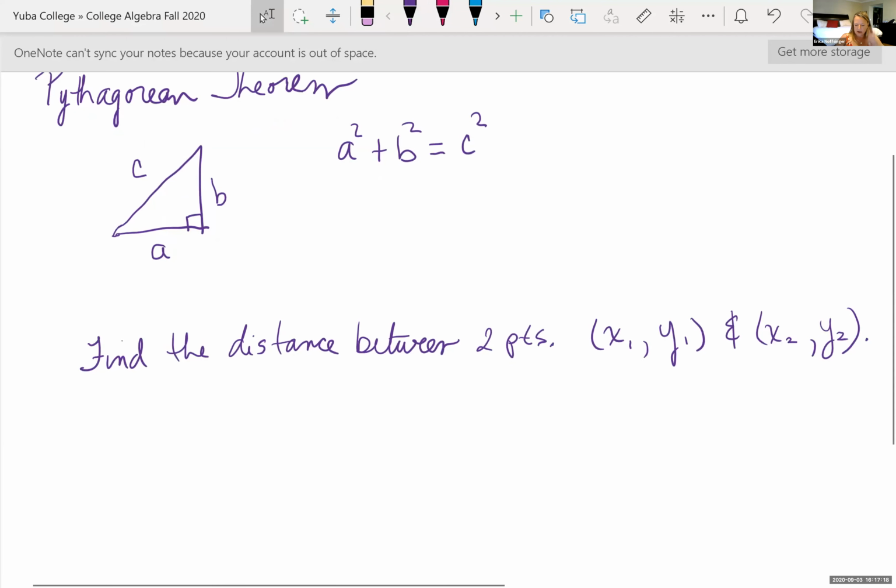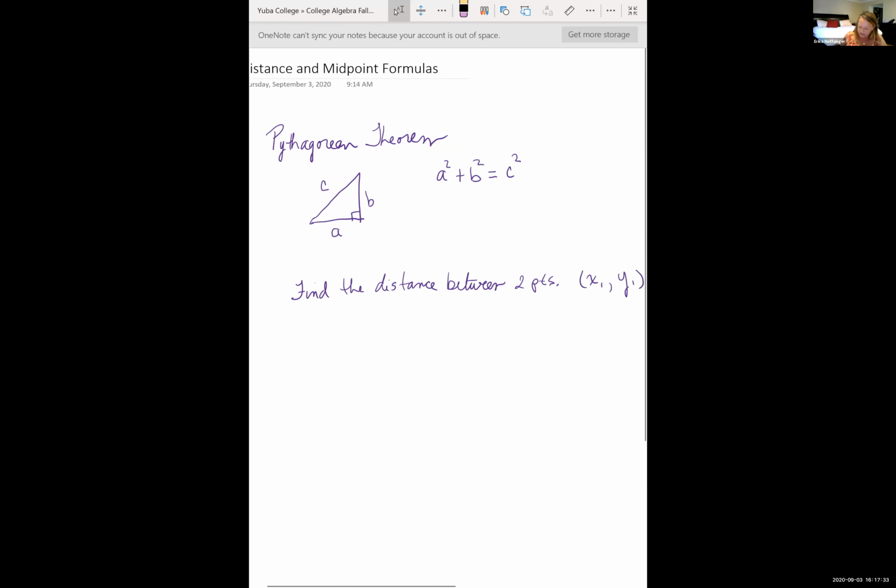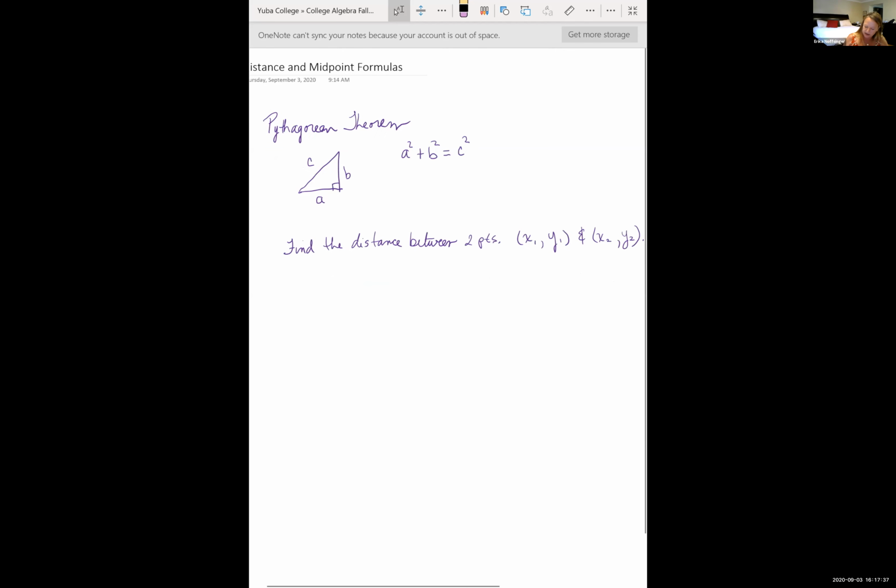So let's go and let's plot those 2 points. Okay, so let's say we have those 2 points right there, and we're going to plot those 2 points.